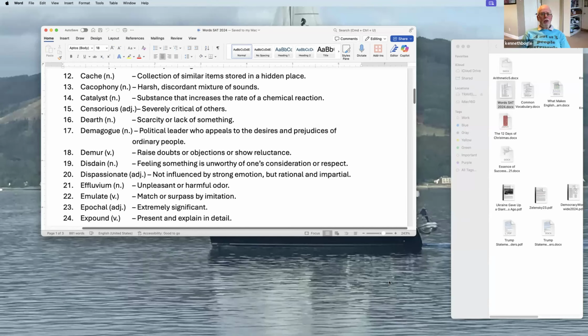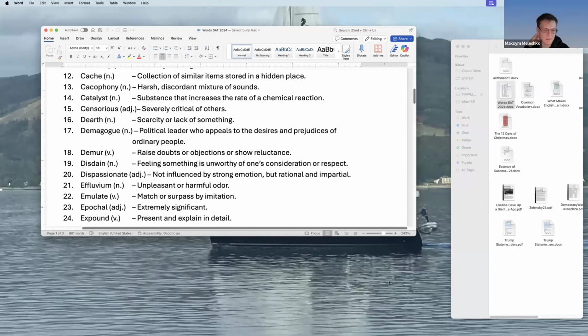Okay. The next it's deers. Dearth. Dearth. Okay. Damages. Damage. Yeah, very hard one to do, actually. Demagogue. Demagogue. Oh, demagogue. Okay. The next, 18, demur. Oh, demure. Demur. 19, disdain. Disdain. Oh, disdain.